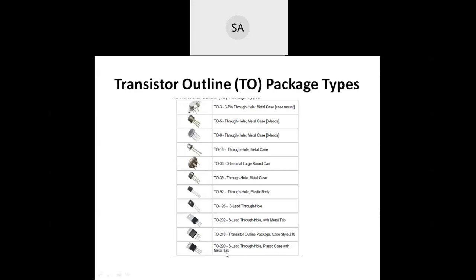So these are the different transistor outline package types. Depending on the letters written on the case, you can identify the type of the transistor, and based on that we can identify the terminals of the transistor also.